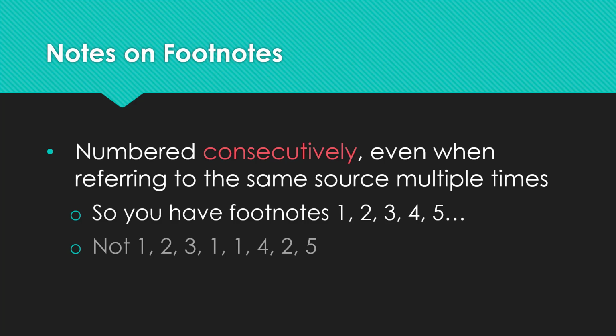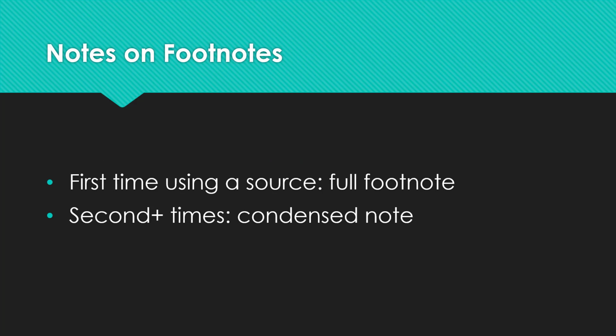Regardless that it's the same source, you'll have consecutive numbers each time the source is used in your paper. The first time you use a source, the footnote is the full footnote. The second time you can condense the footnote.